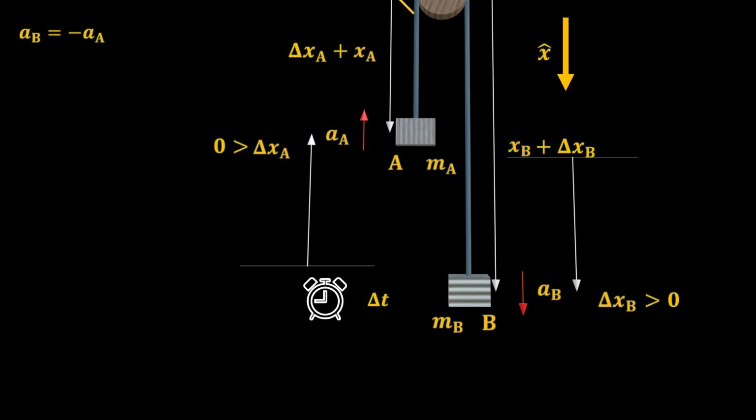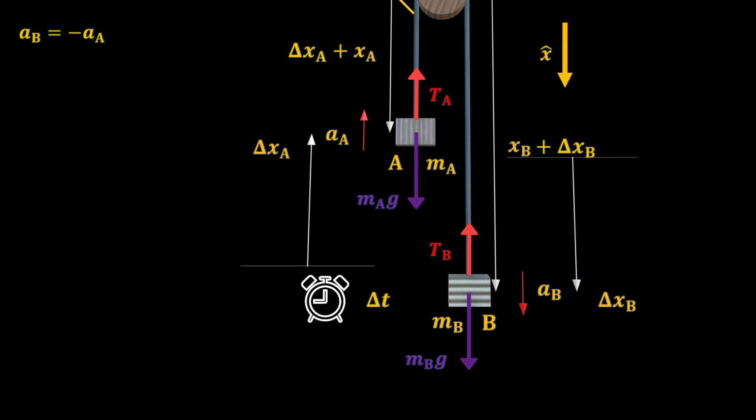Now let us look at the forces acting on the objects and relate them to the accelerations. The forces acting on object A are the tension from the rope with magnitude TA and its own weight with magnitude MAG. The forces acting on object B are the tension from the rope with magnitude TB and its own weight MBG. Now, if we apply Newton's second law on each object, we have MAG minus TA equals MAAA, and MBG minus TB equals MBAB.